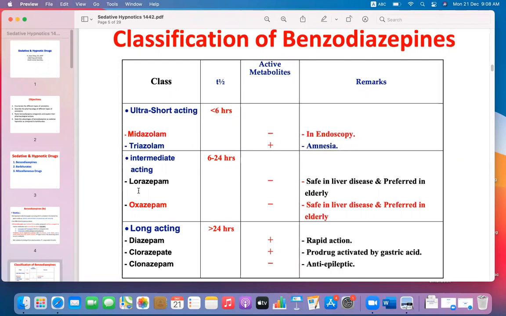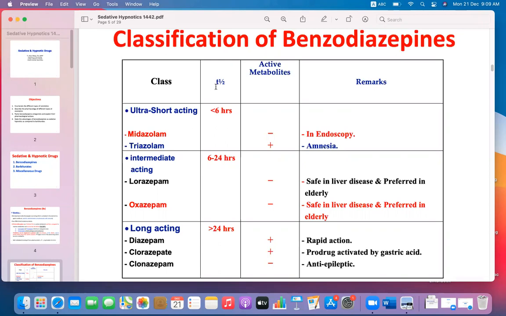First, ultra short acting, having a T half of less than 6 hours, with examples midazolam and triazolam. Then intermediate acting, which is having a T half.